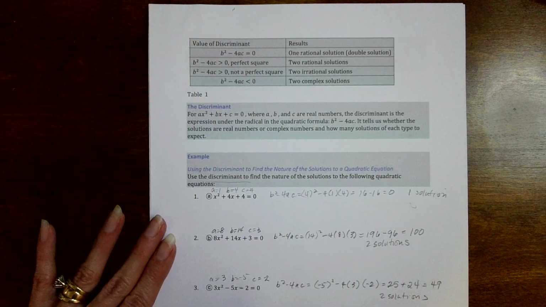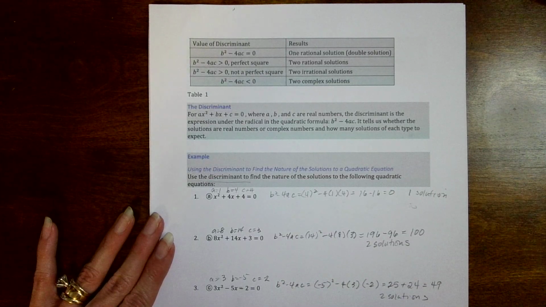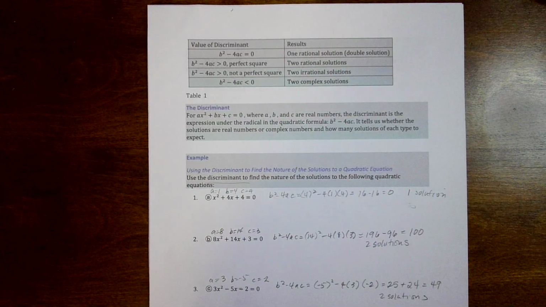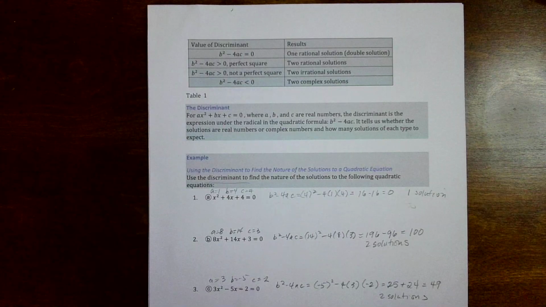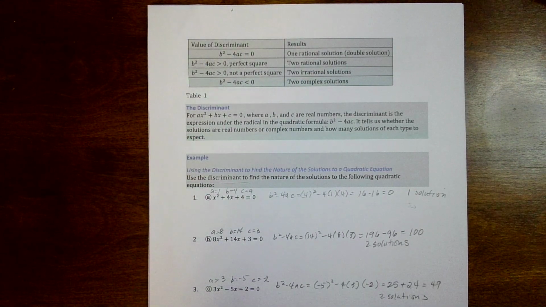Here A is 3, B is negative 10, and C is 15. So b squared minus 4ac is negative 10 squared minus 4 times 3 times 15. So that's 100 minus 180, that's negative 80, so I have two imaginary.